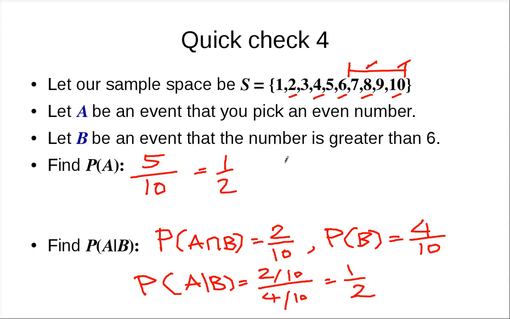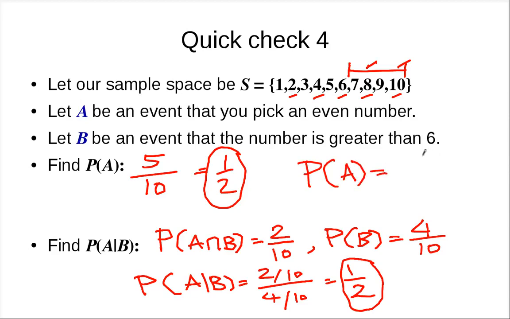The nice thing about this example is that this is 1/2, and this is 1/2. So what does it mean? Let me pause for a little bit so that you can think about the meaning of this.